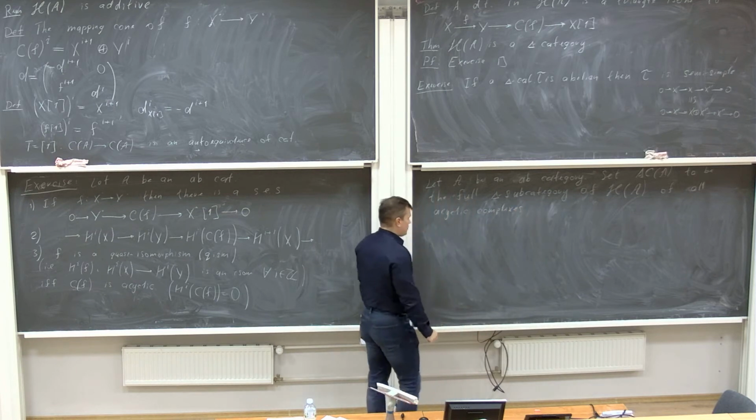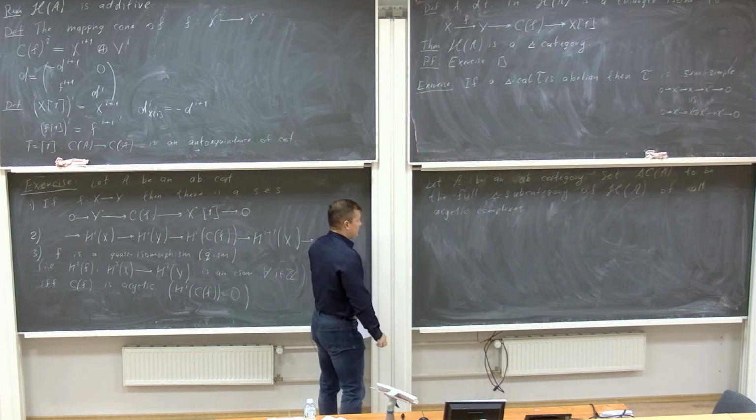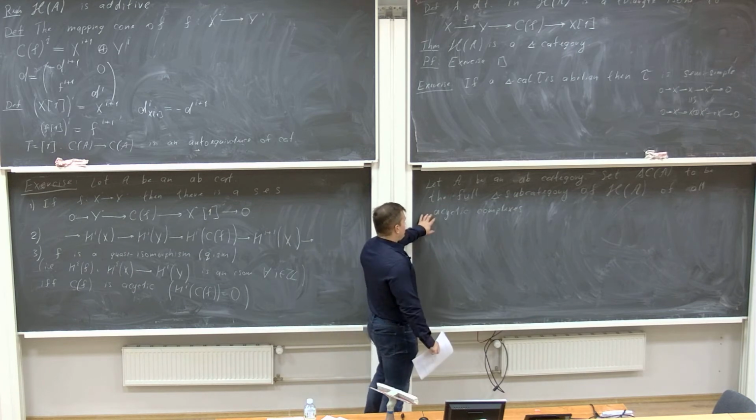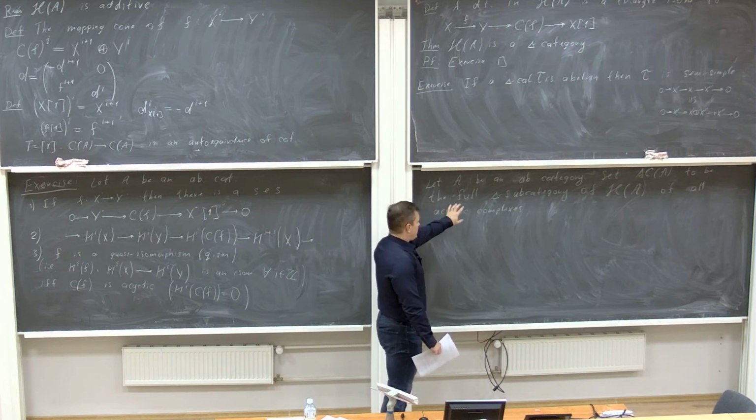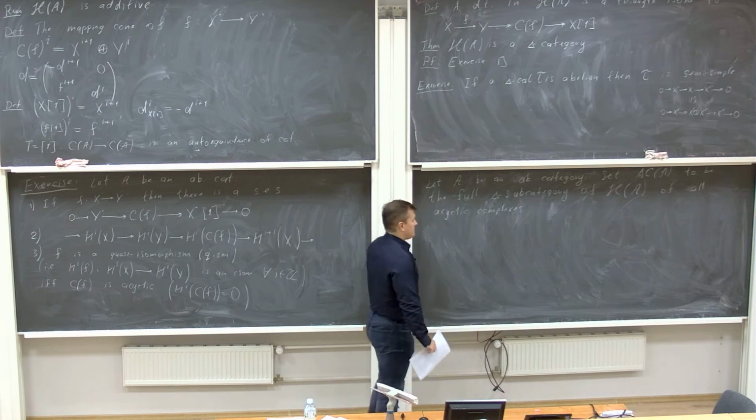If you return to the definition of a triangulated subcategory, you can immediately check that all acyclic complexes form a triangulated subcategory. That's easy.